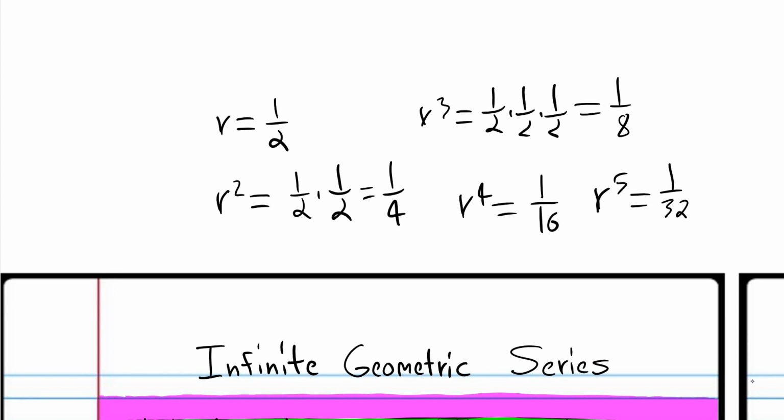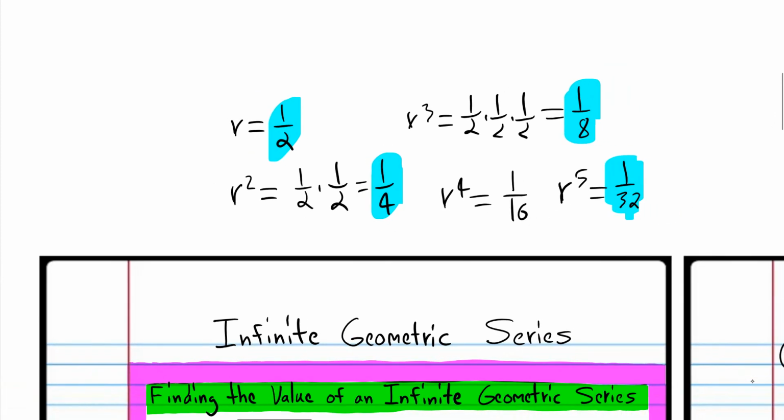And notice that these numbers are getting smaller and smaller and smaller. When you multiply a fraction between -1 and 1 by another fraction between -1 and 1, you actually make the number smaller and smaller and smaller.